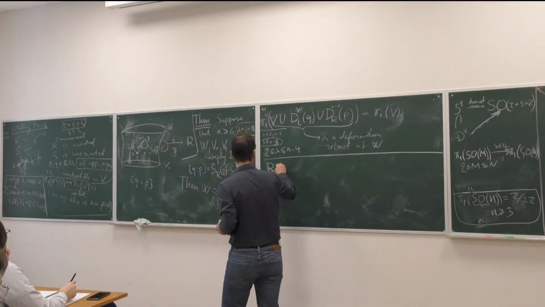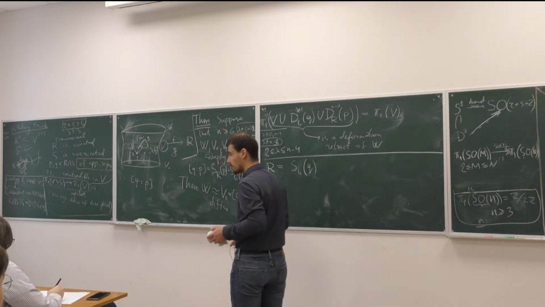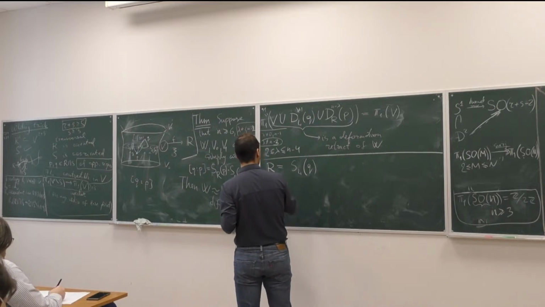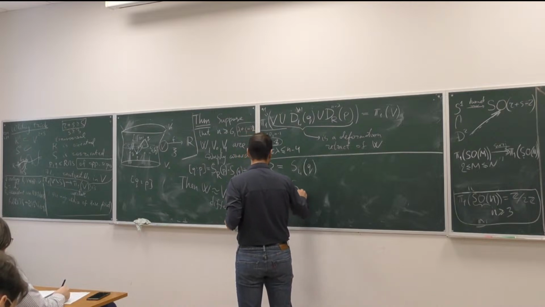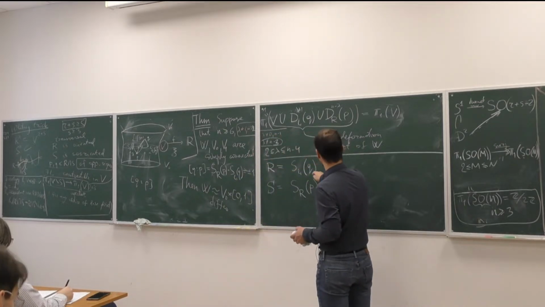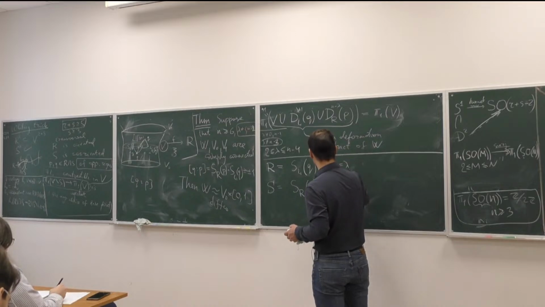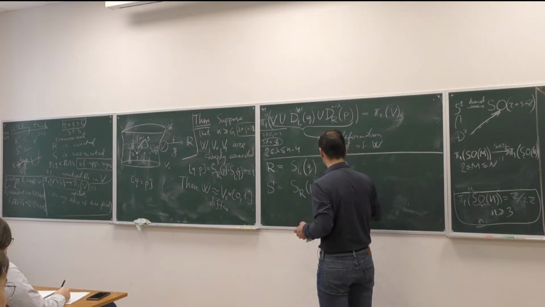So for R, I take the left-hand sphere of U. And for S, I take a right-hand sphere of E. This one has dimension lambda. This one has dimension n minus lambda minus 1.